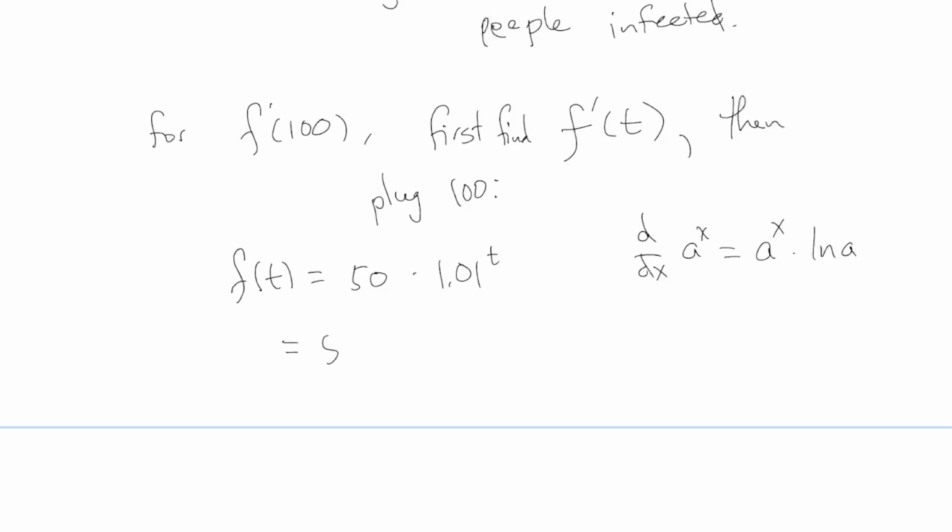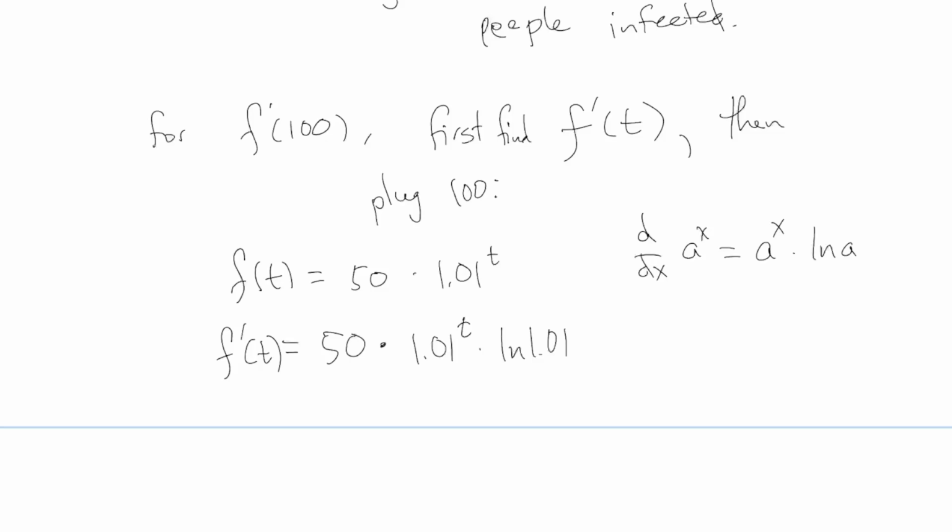So 50 stays like it is because it's a constant coefficient. I forgot to write f prime of t, I'm taking the derivative now. The constant coefficient stays, and then for the exponential part you use the formula a to the power x times natural log of a, where a is 1.01, and I'm using t for x. So this will say 1.01 to the t times natural log 1.01.